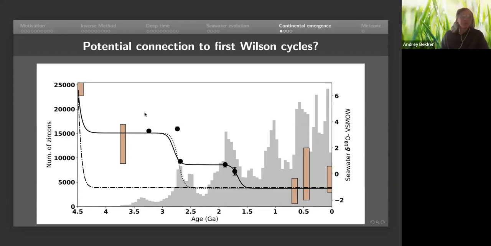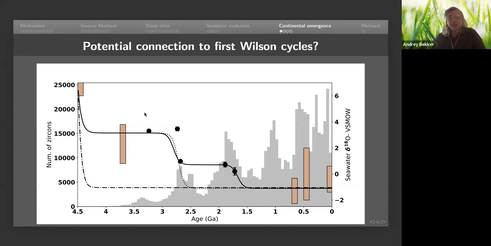And the second question: you see positive values going down, and you explain it with the emergence of continents, but I guess another control would be hydrothermal alteration. We know that if continents didn't exist, water depth was probably different and mantle temperature was different.